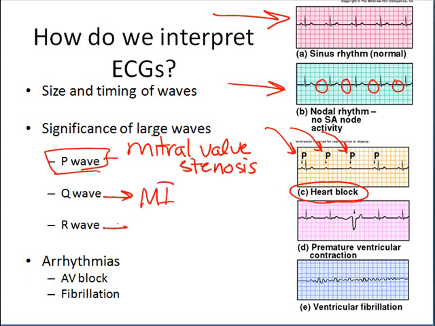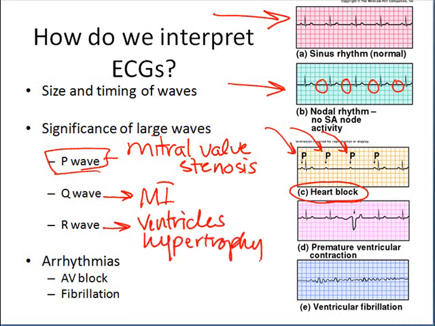If the R part of the QRS complex, that's the high peak, if that R wave is really large, then that usually is an indication that the ventricles have enlarged through a process called ventricular hypertrophy. That means the individual cells of the ventricles have gotten larger. Sometimes this can happen normally in really high-performance athletes. Sometimes it happens because of certain heart conditions like hypertension.